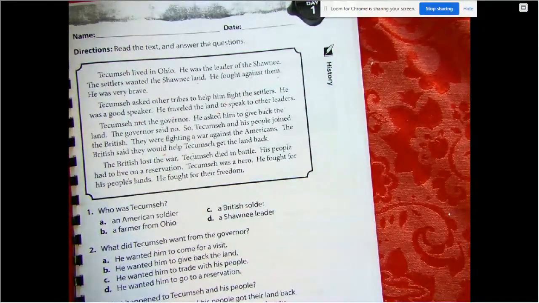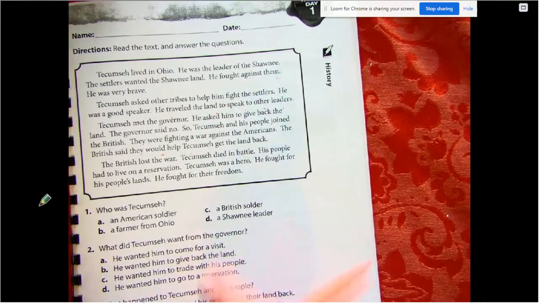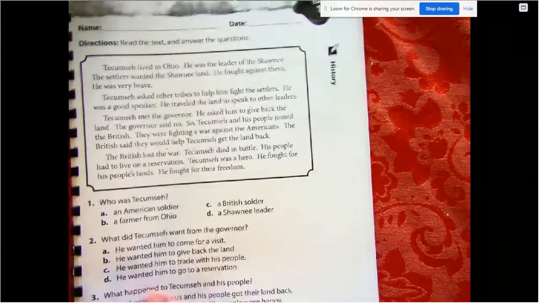So when the European settlers came over to the Americas, there were Native American tribes that lived here already. And so sometimes the European ideas, the people from Europe, their ideas clashed with the people that lived here. And so there were oftentimes these battles to see who was going to get to keep the land.